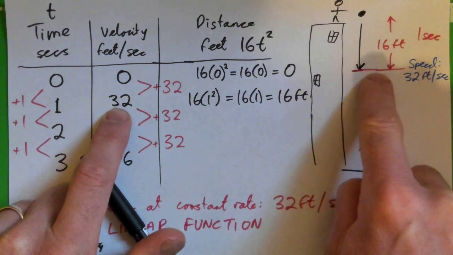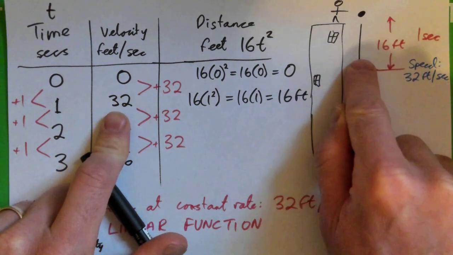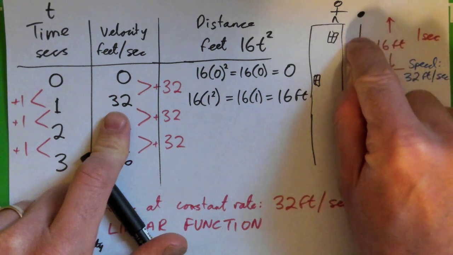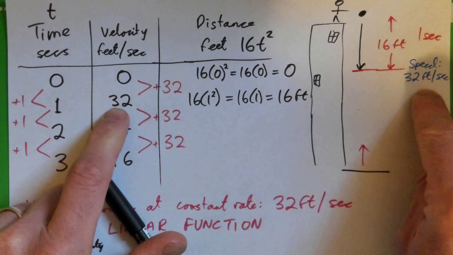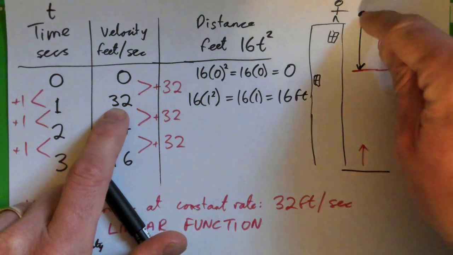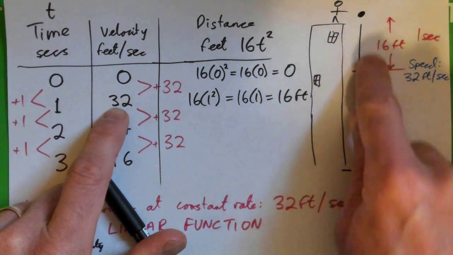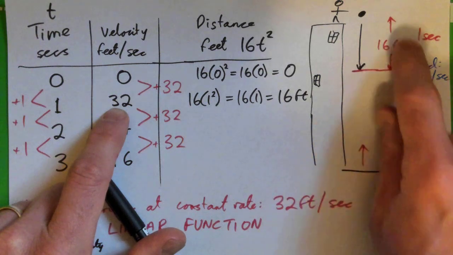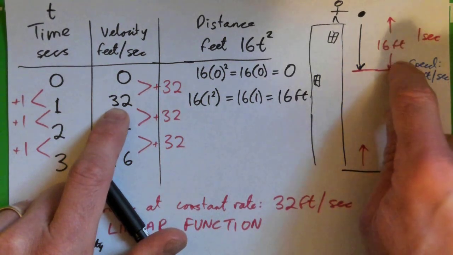Why? Because it's not 32 feet per second the whole time. It starts out at 0 and it increases its speed until it reaches a speed of 32 feet per second after 1 second. But over that period, it has been accelerating as it's been dropped down the building, right? Accelerating. And during that 1 second period, it went a distance of 16 feet. Does that make sense?